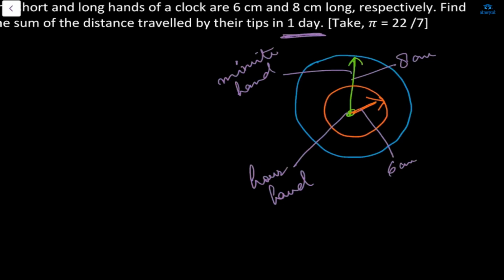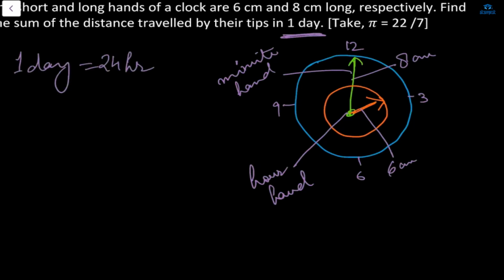Now how many revolutions is it going to make? There are 12 hours; 12 is already marked here: 12, 3, 6, 9. For 12 hours, this small hour hand is going to make only one revolution, and one day is equal to 24 hours.